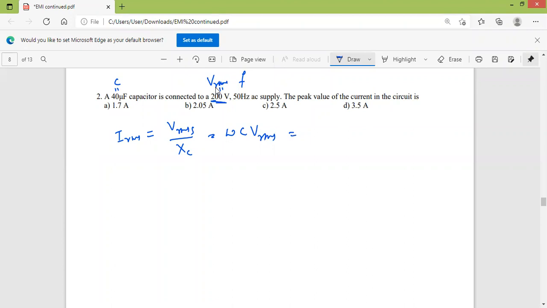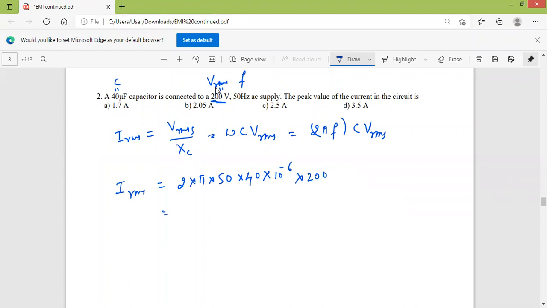Omega is 2 pi f. Therefore, IRMS is equal to 2 into pi into 50 into capacitance 40 into 10 power minus 6, into 200.